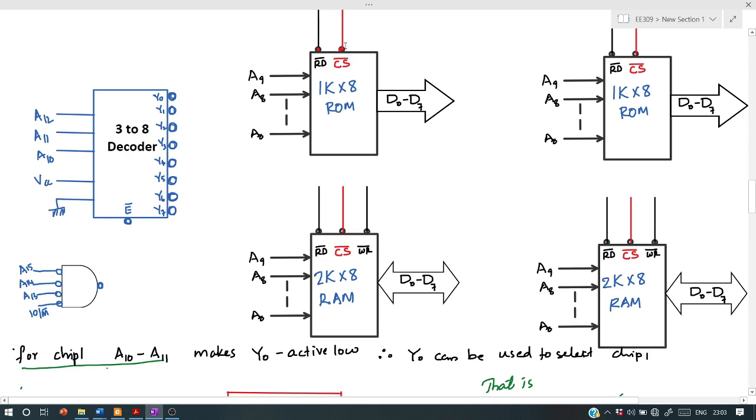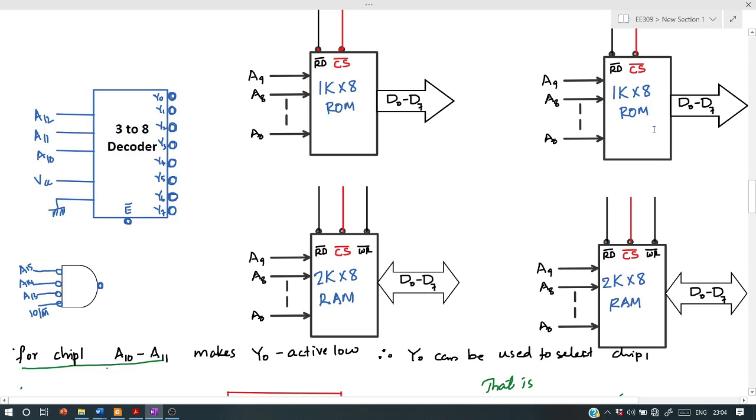In order to select a ROM chip, it requires an active low signal at this pin, that is the CS bar pin, the chip select signal. Then we need to show the address lines. In a 1K ROM, the address lines are A0 to A9 and the data bus is 8-bit, that is D0 to D7.